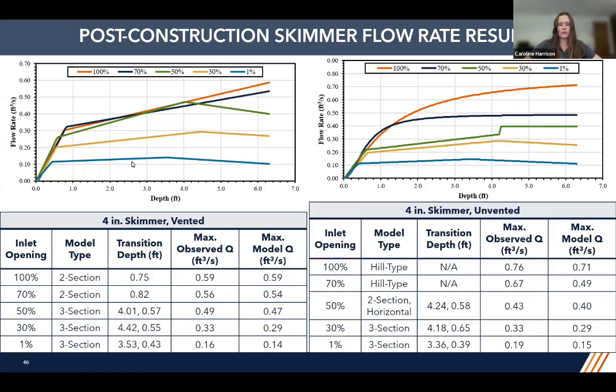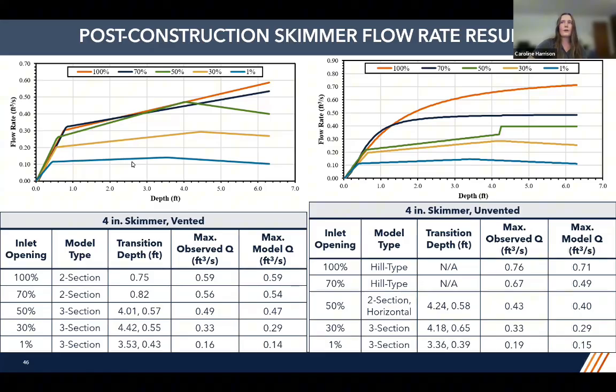We saw a horizontal section at greater depths, and then a jump occurred. From there, we used a 2-section model. The reason we believe this happened is the skimmer stabilized at around 4.2 feet and experienced better airflow there. But for our 30% and 1% openings, we used 3-section models.